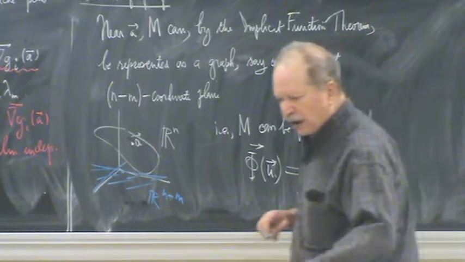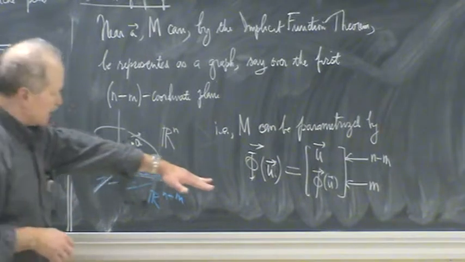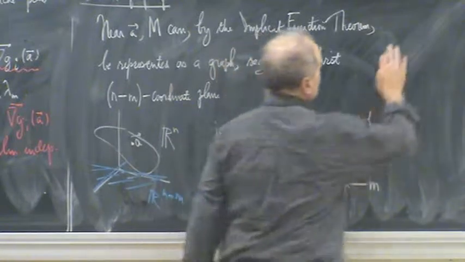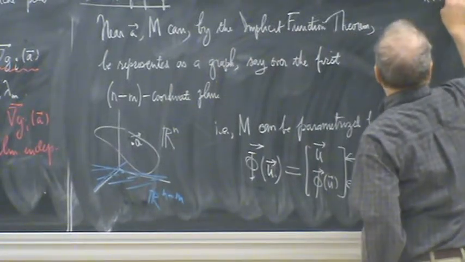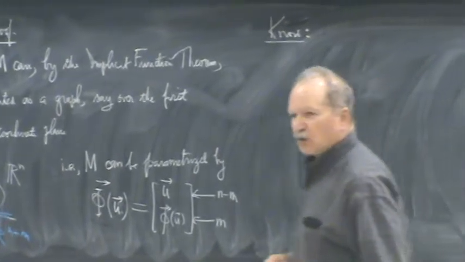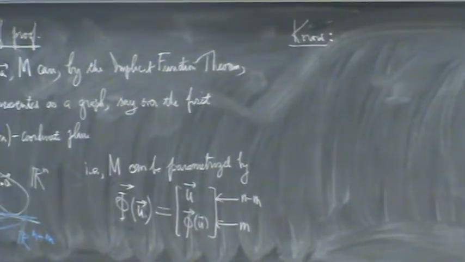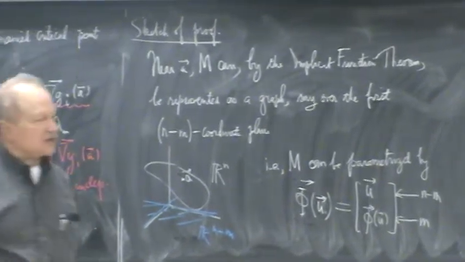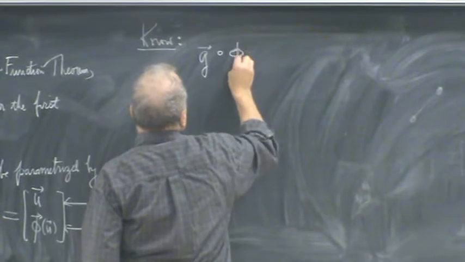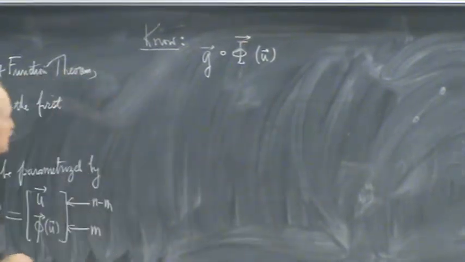Now, what do I know about f and g with regard to this parameterization that I'm doing here? How is M defined in the first place? G equals constant. So if I plug in phi of u, what do I get into G?